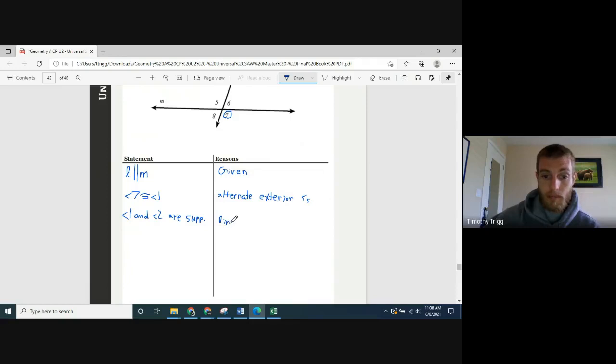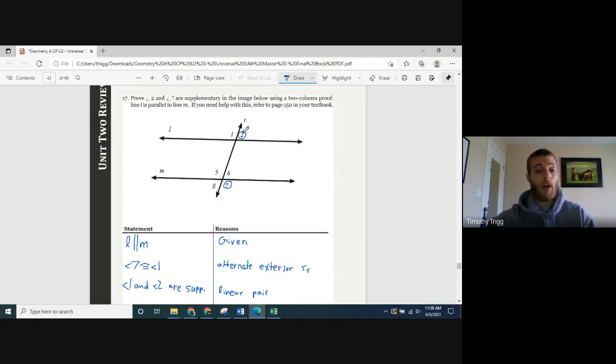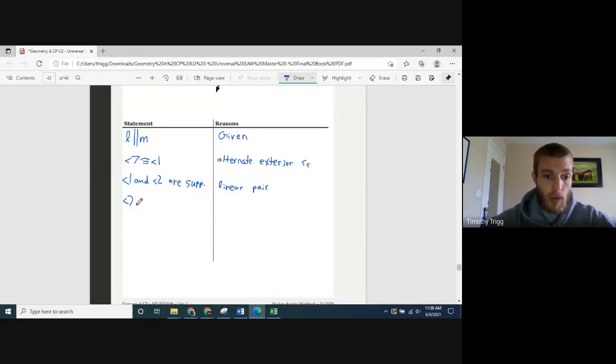So we write linear pair. Okay, so we know that angle 1 and angle 2 are supplementary because they are a linear pair. So if 2 is supplementary to 1 and 1 has the same measure as 7, then 2 must be supplementary to 7. So angle 2 and angle 7 are supplementary. And that's because 1 is congruent to 7 and 1 and 2 are supplementary.